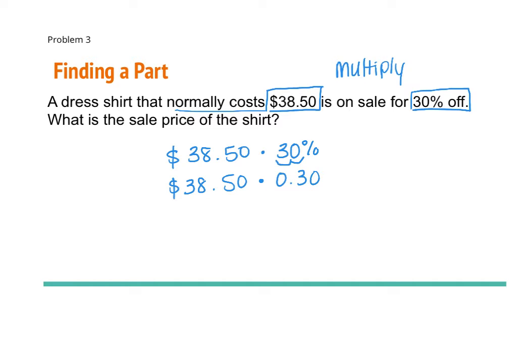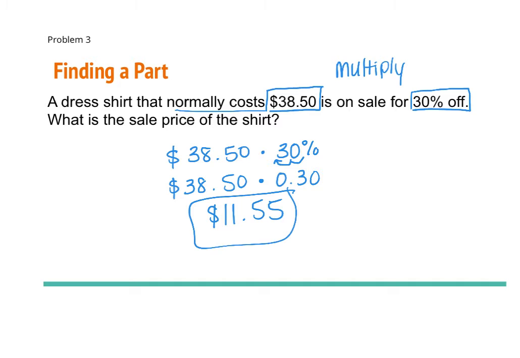We move the decimal place over 2 spaces, because remember, there is a decimal after the 30. And then from here, we're going to use our calculator. Multiplying these together, we should get $11.55, okay?